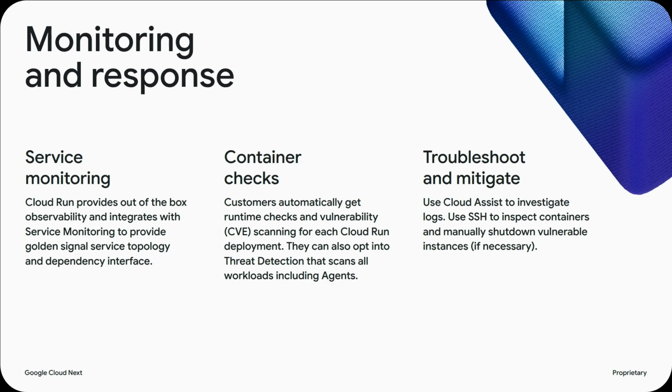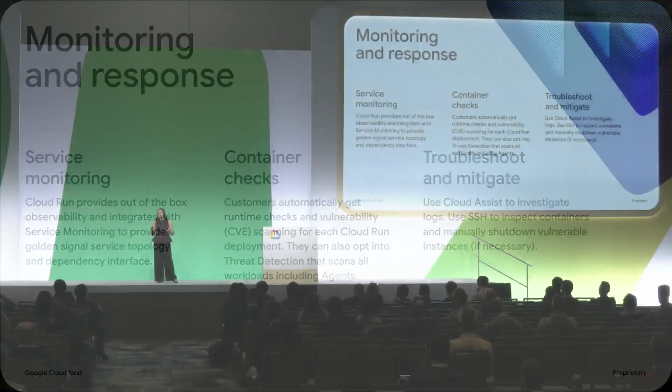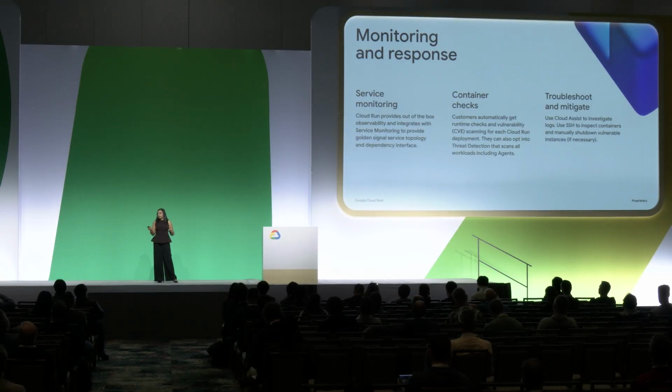Each container deployed on Cloud Run is scanned for vulnerabilities, and even when you have containers that are running on the platform, you can check them for threats or runtime attacks like if there's a malicious binary that is being executed, you have reverse shell attack, or somebody is doing crypto mining. You can also utilize new capabilities of Cloud Run, like Gemini Cloud Assist, or you can use Cloud Run SSH to SSH directly into your containers and investigate for threats.